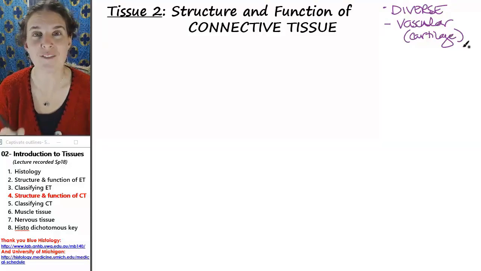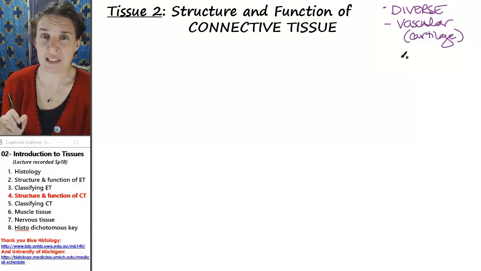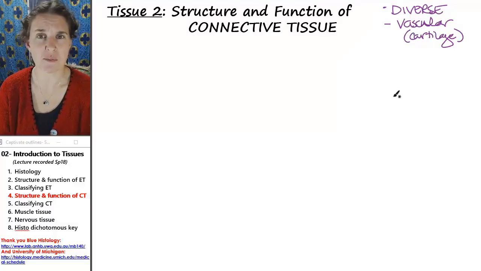Cartilage is an avascular connective tissue, and we'll talk about the significance of that when we talk about bones and joints. Otherwise, connective tissue really is how epithelial tissue gets taken care of. So yes, please be vascular.